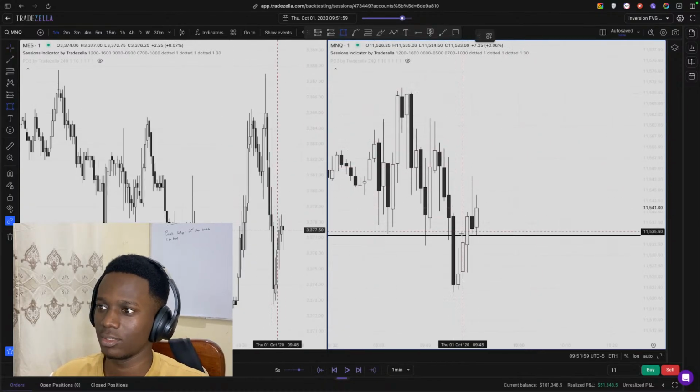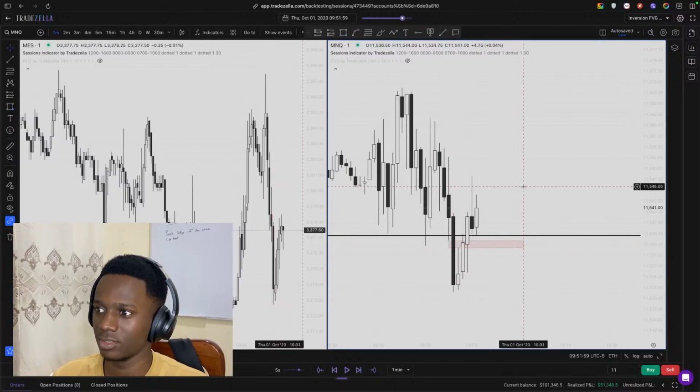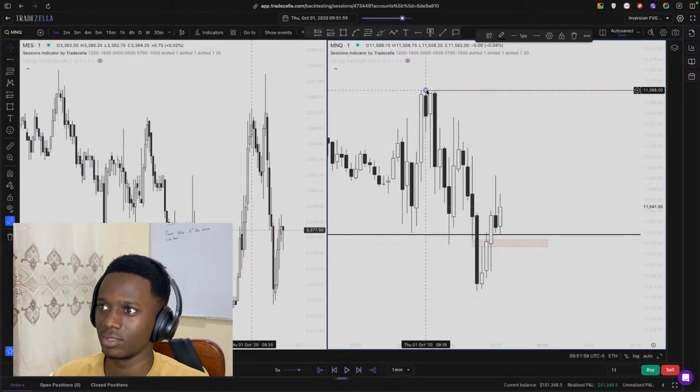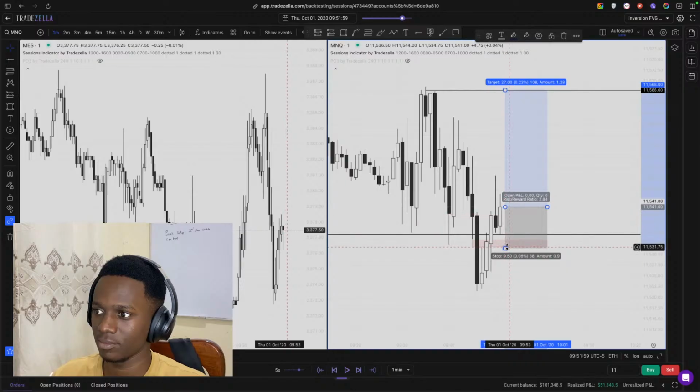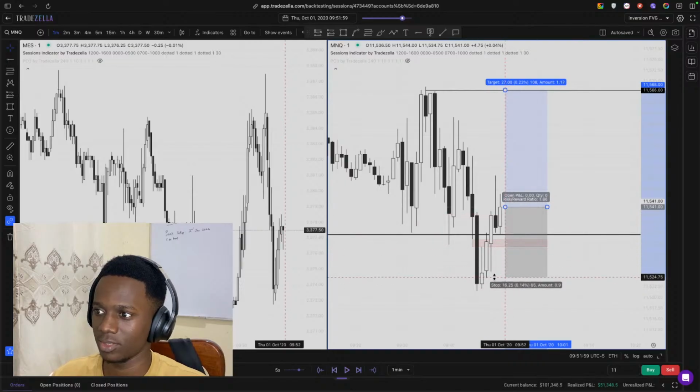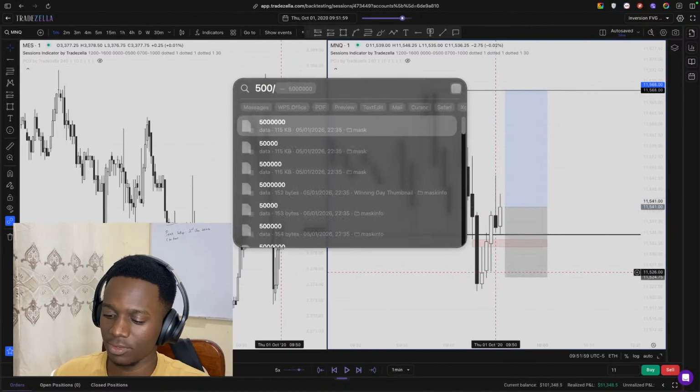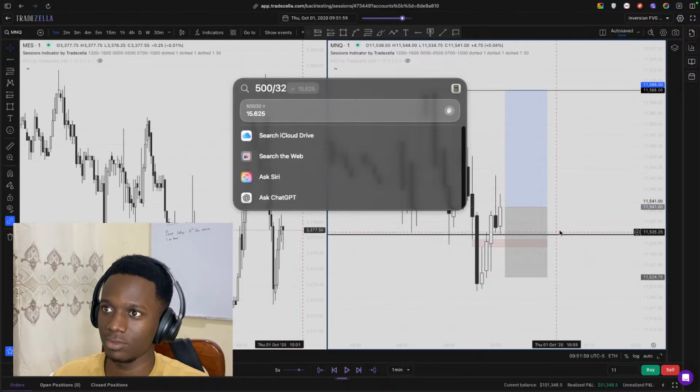Okay, we get a 1 minute inversion here. I'd like to take this low hanging fruit here. Take longs, target this high. Have my stop just here. That's 500 over 32, which is 15 micros long.